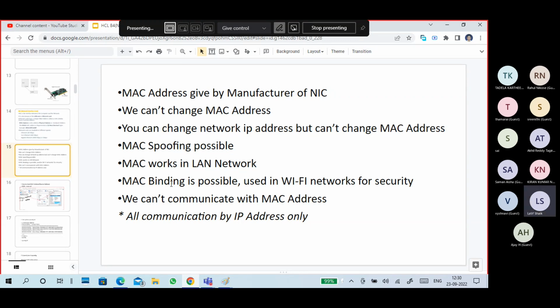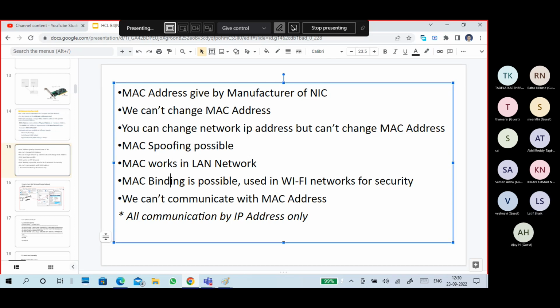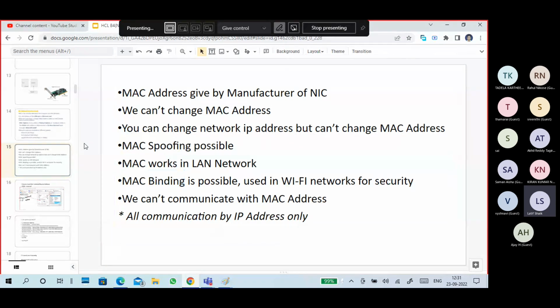If the MAC address is not mentioned in the list, it doesn't give the connection. Very simply, MAC binding is an allow or deny list of MAC addresses. That is MAC binding.